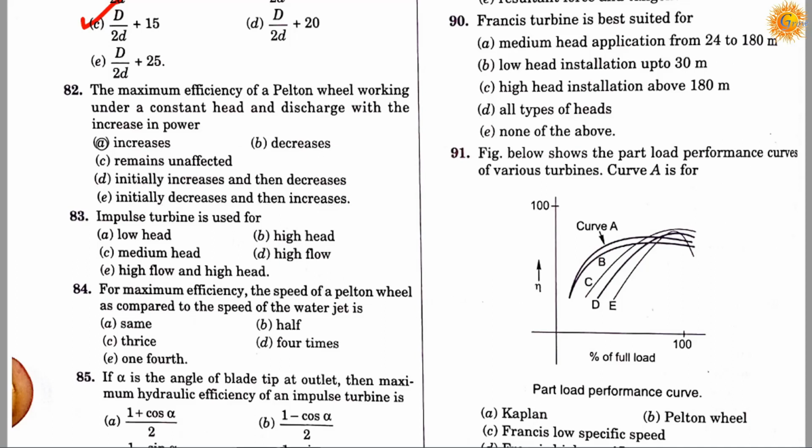So correct answer is A. It will be increase. It means the maximum efficiency of Pelton wheel working under a constant head and discharge with the increase in power will increase.